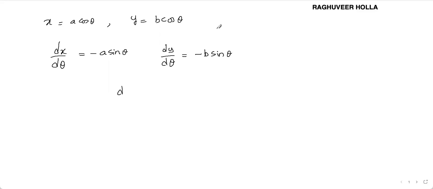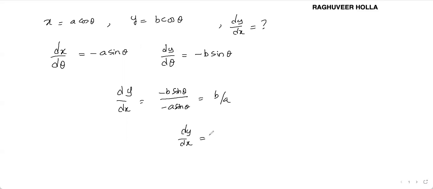We want to find dy by dx here. So dy by dx will be b cos theta divided by minus a sine theta.